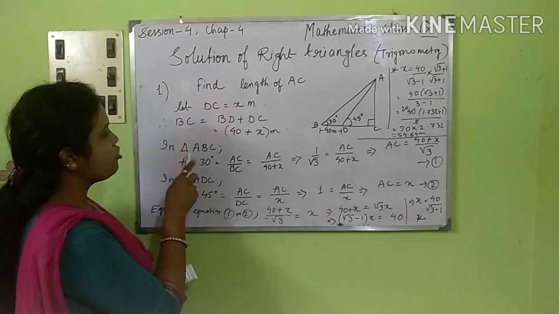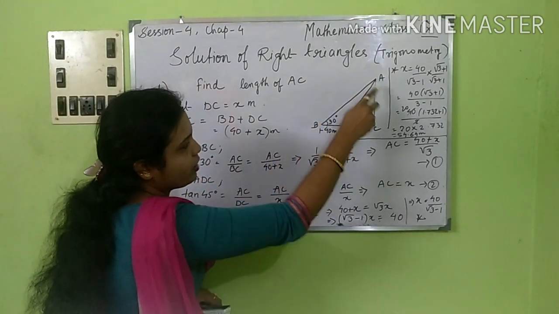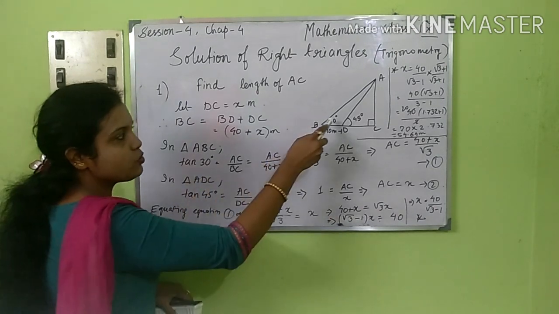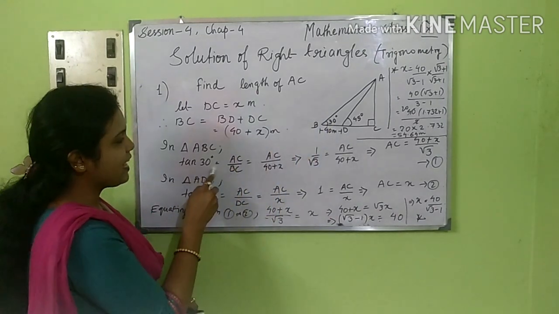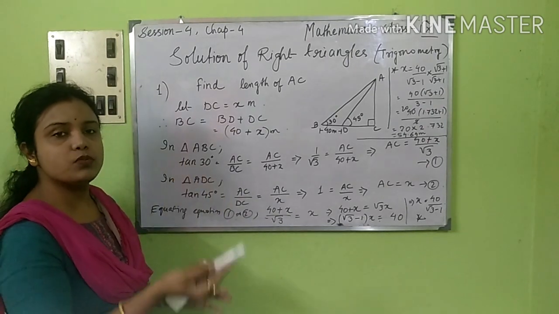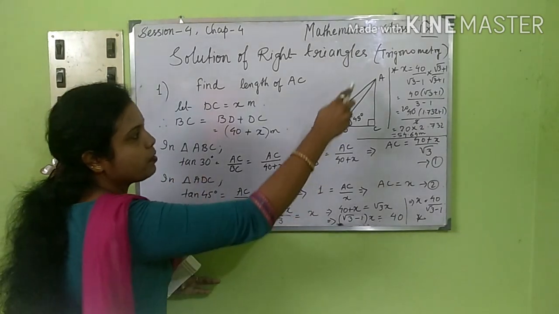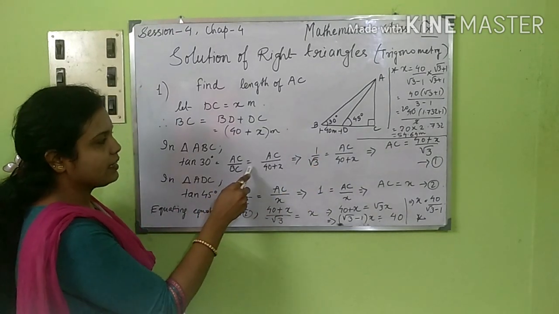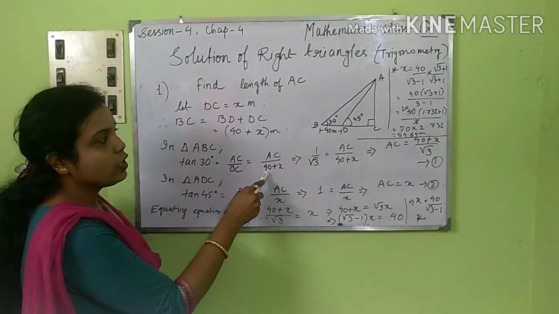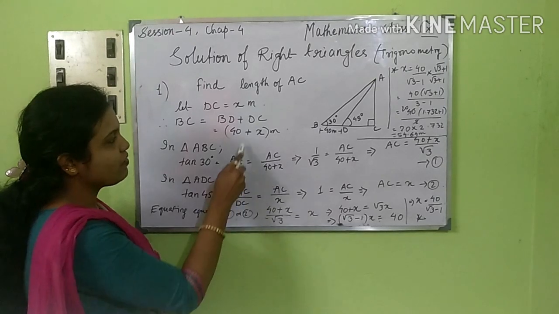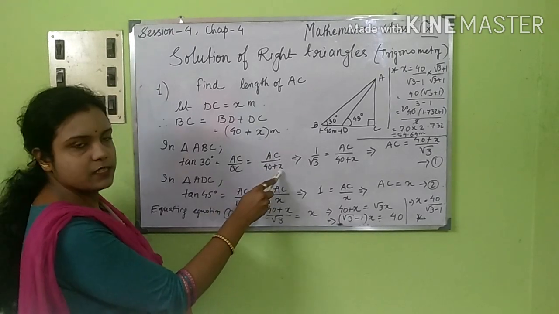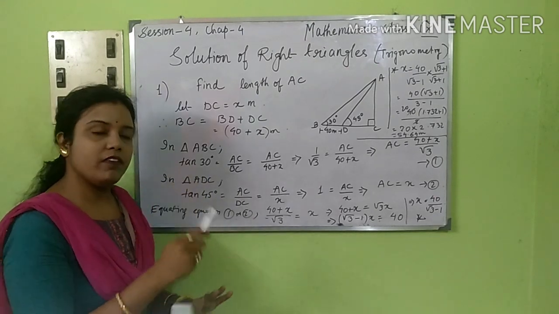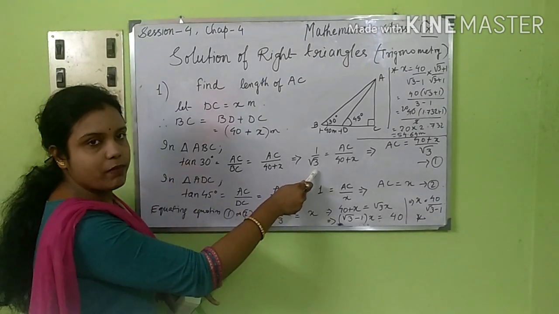Next, in triangle ABC, that is in the bigger triangle, tan 30, because we need to take the acute angle. Tan 30 is equal to, we know tan means what? Perpendicular by base. So perpendicular is AC divided by BC. That is equal to AC by 40 plus X, because BC we have already got, that is 40 plus X. So tan 30 we know, from the previous chapter, the value of tan 30 is 1 by root 3.